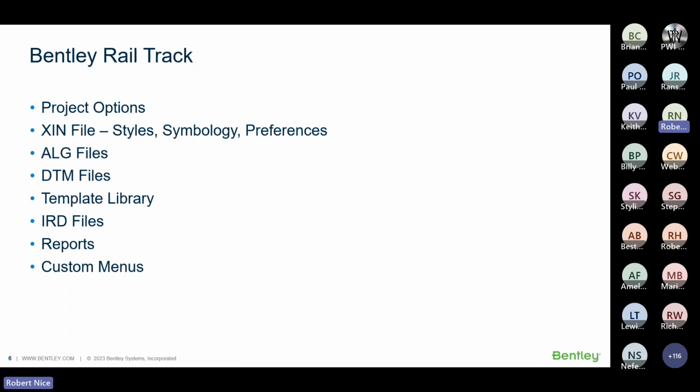But if you're working on new construction, then templates. And we've got IRD files, reports, and maybe just custom menus. You can have these TBR files. So those things are kind of the key, without even the functionality. Forgetting about how to place a line or put a turnout on something, this stuff in the background is crucial.